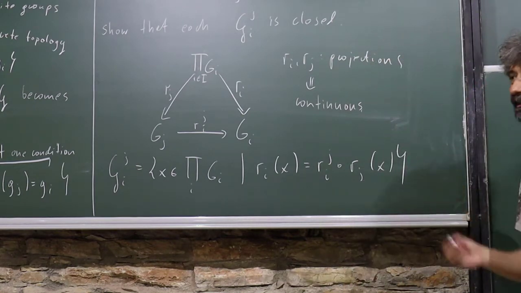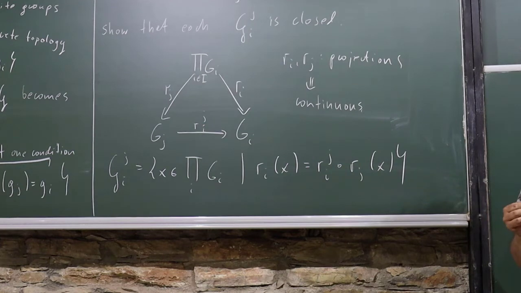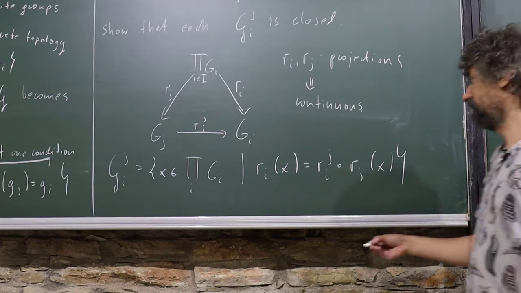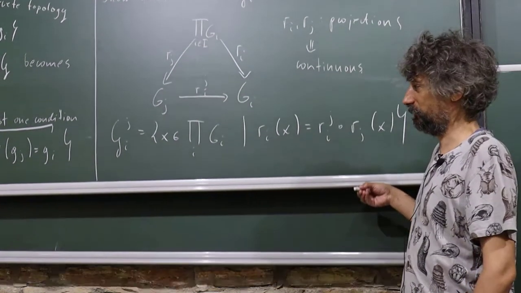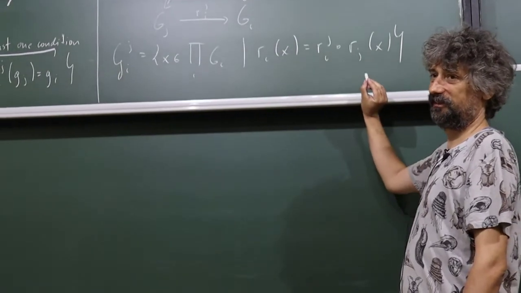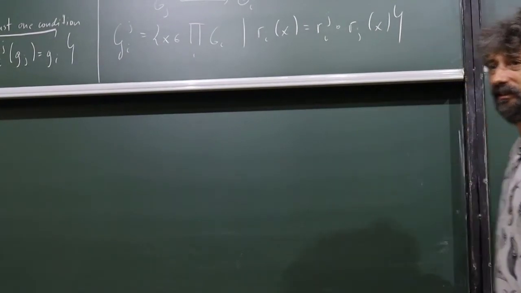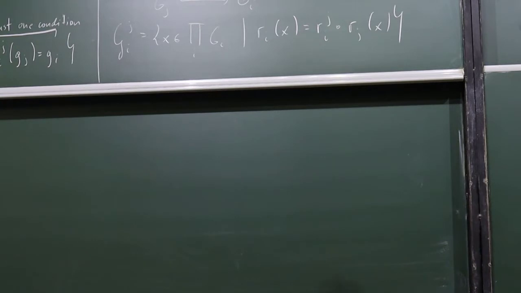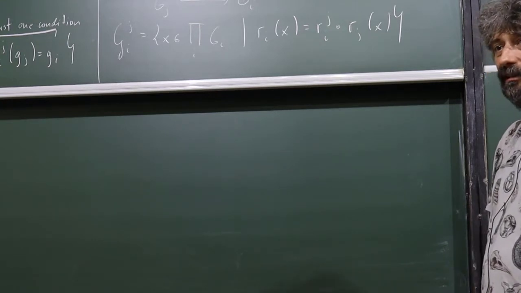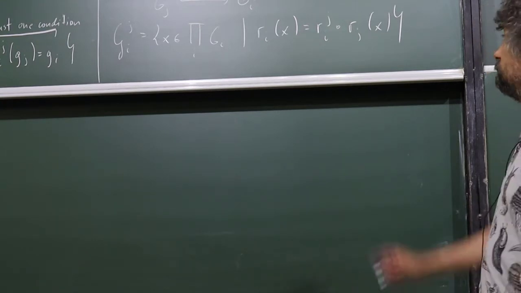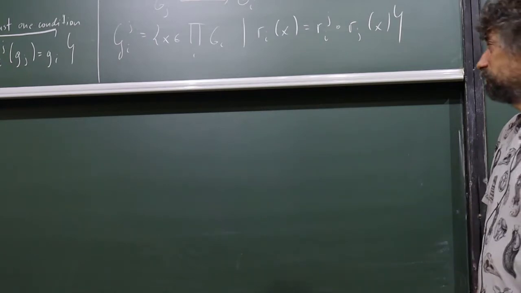Yes, so why is this closed? I'm saying that such a space is closed because of several reasons. Well, I was thinking it's an equation. If it was not equal, I was thinking it should be open. No, it's an equation, so it's a closed condition.